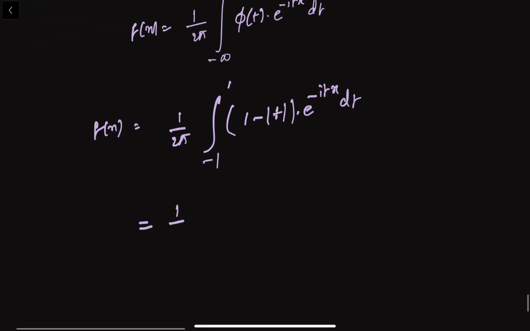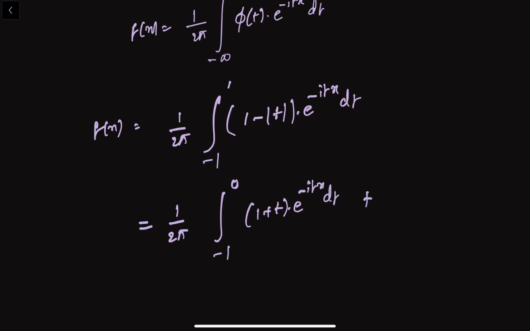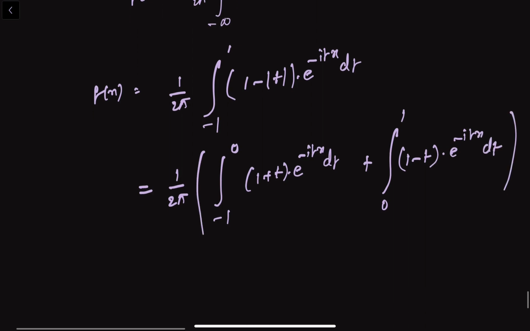So this is 1 by 2 pi, integral from minus 1 to 0. From minus 1 to 0 this will be 1 plus t into e to the power minus itx dt, because |t| is minus t if t is less than 0, plus integral 0 to 1 of 1 minus t into e to the power minus itx dt, because |t| is t if t is greater than 0.